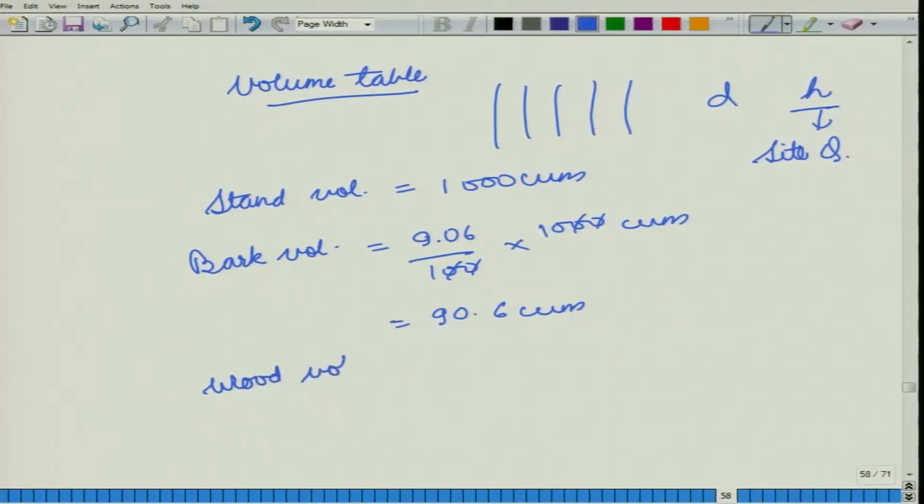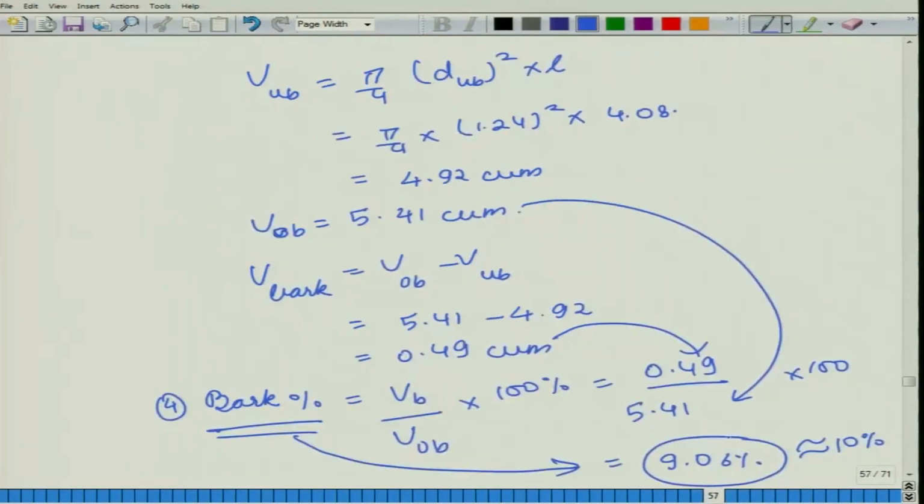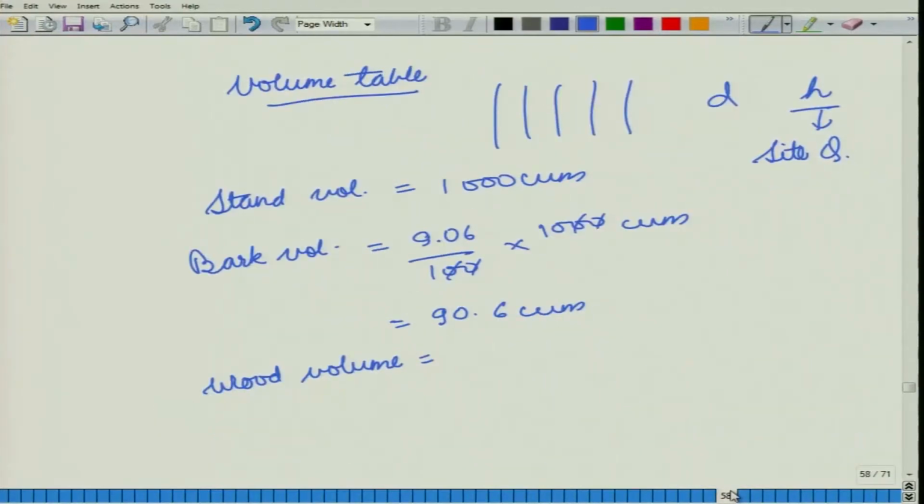And what would be the wood volume? If you have 9.06% as the bark percent, we would have wood percent equal to 100 minus 9.06, which is 90.94%. So, in this case we would have 90.94% into 1000 cubic meters, which is 909.4 cubic meters.